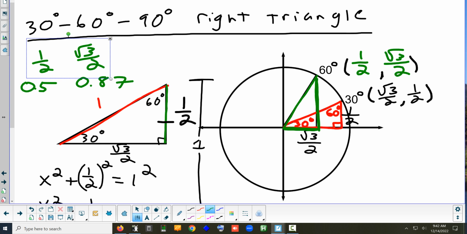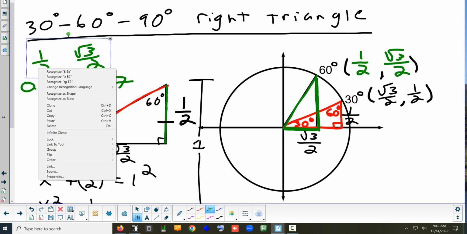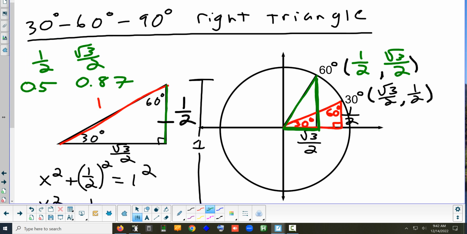Root 3 over 2 is a bigger number than 1/2, a little bit bigger. So when you look at the 30, 60, 90 triangle, the bigger side is always the root 3 over 2, and the short side is always the 1/2. Short side, smaller number, that's the 1/2. Long side, bigger number, that's the root 3 over 2.